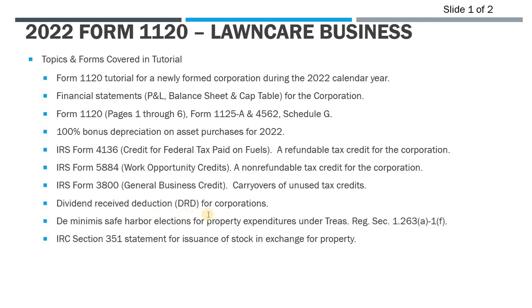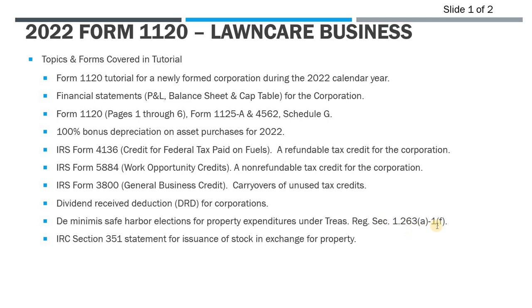We'll also talk briefly about the dividends received deduction. Corporations get a DRD depending on how much of the stock they own. We'll talk about de minimis safe harbor elections, so small equipment purchases and improvements. Often you can just write those off or expense them currently rather than have to capitalize and either depreciate or amortize those costs.